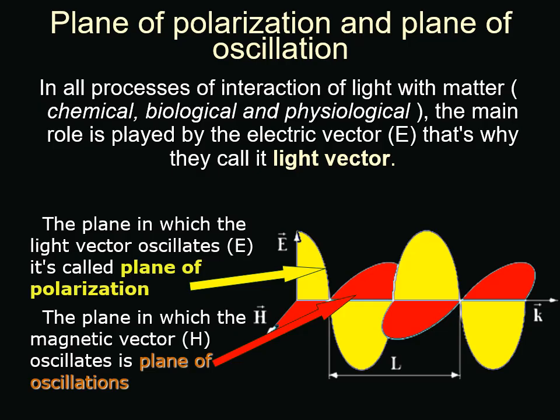For physicians and biologists, studying the behavior of vector E is also more important because in the processes of interaction of light with matter, whether chemical, biological, or physiological, even in the interaction of light with the retina of the eye, the electrical component of the electromagnetic wave plays the major role.